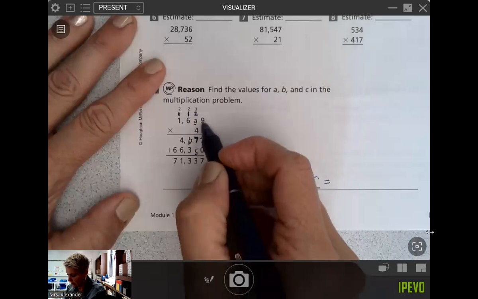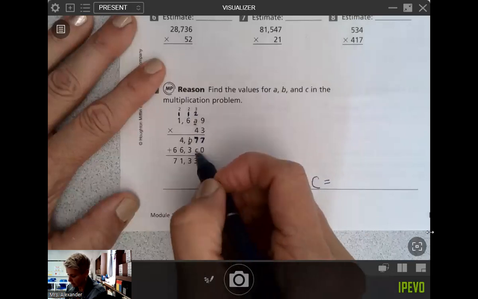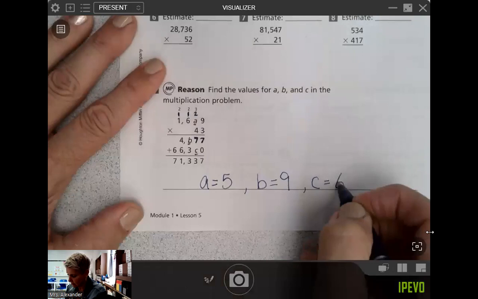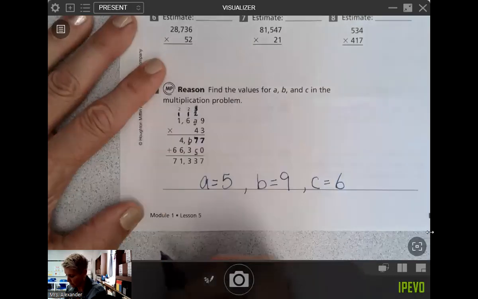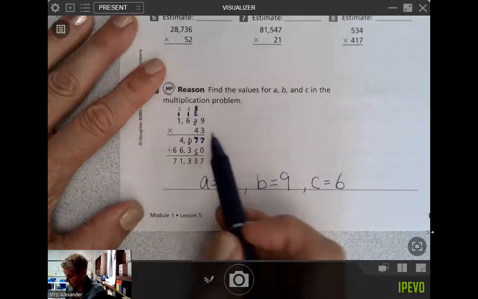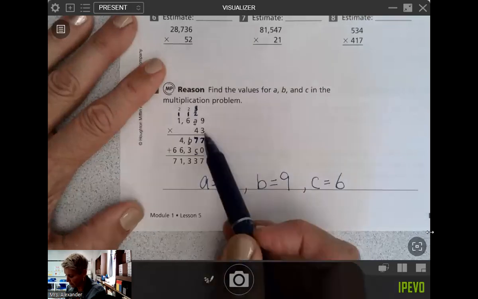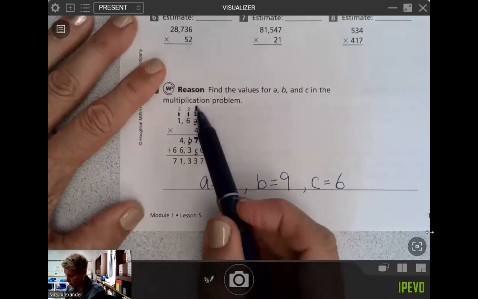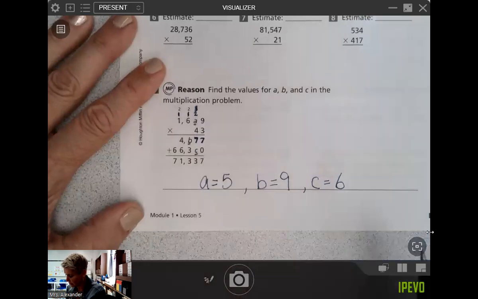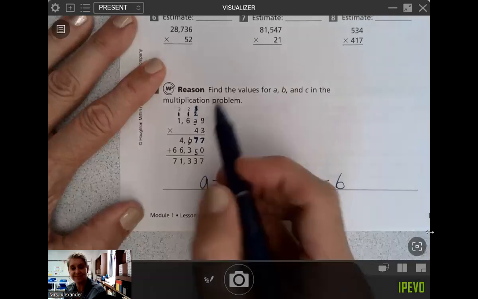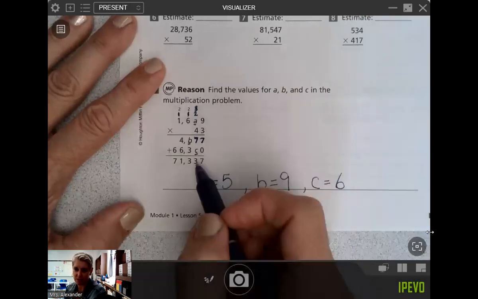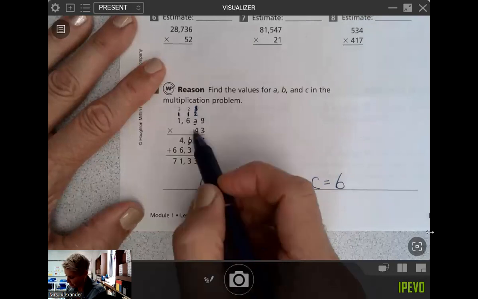4 times 9 is 36. The C would be a 6, and then the 3 is up here. 3 times, we said A was 5. 3 times 5 is 15, plus 3 is... Oh, I'm in the tens, everybody. 4 times 9 was 36.